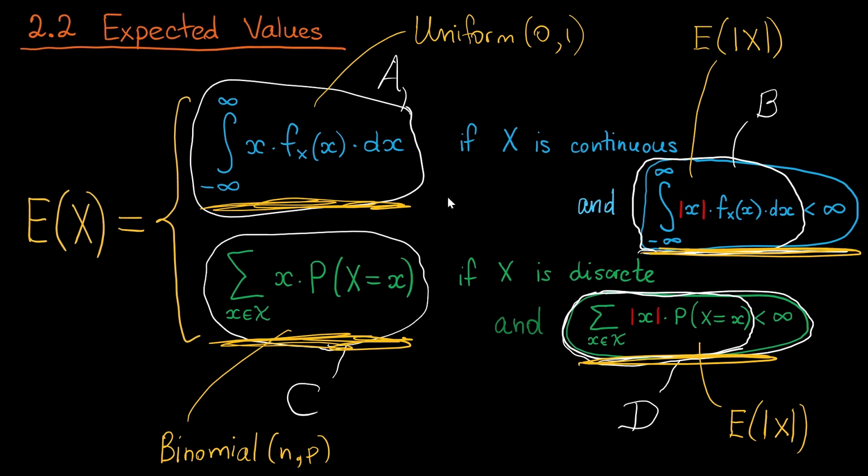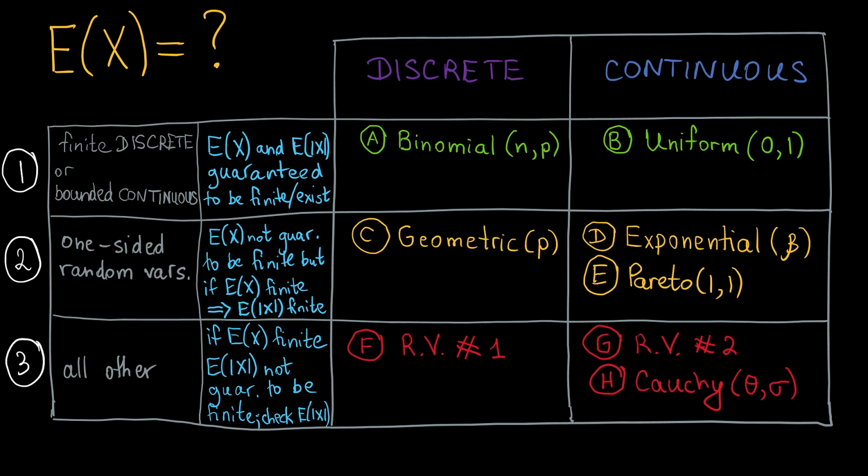And we never bothered to check the conditions B and D. Luckily, we don't have to do that. Notice that we've worked out examples A and B here, and these are in the first row. I have that first row labeled as expected value of x guaranteed to exist.